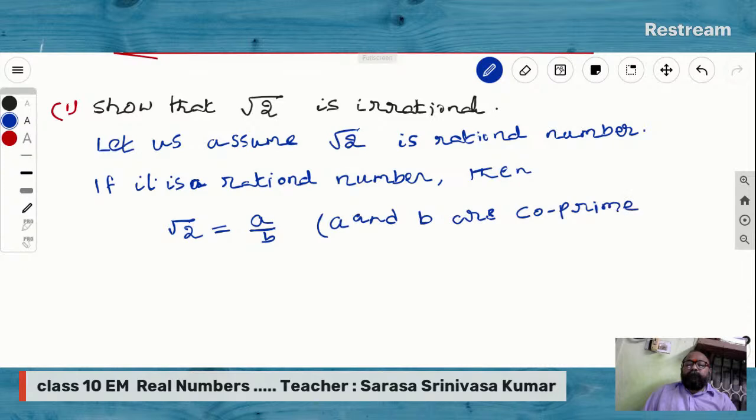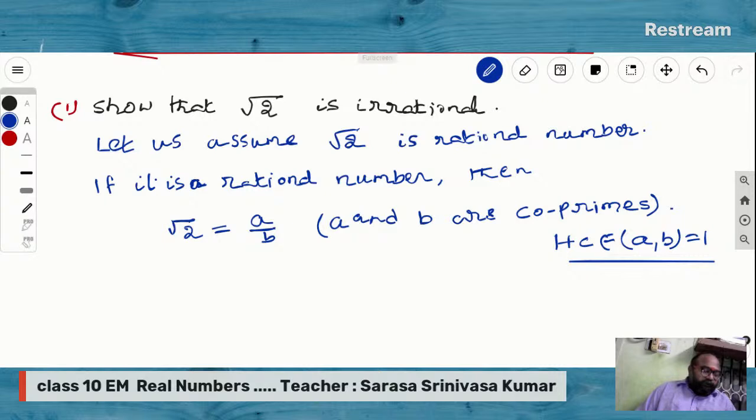Now the question arises, what do you mean by co-primes? If the HCF of two numbers is 1, then we say that the two numbers are co-primes. That is HCF of A, B equal to 1. So co-primes means the highest common factor of A and B is equal to 1.